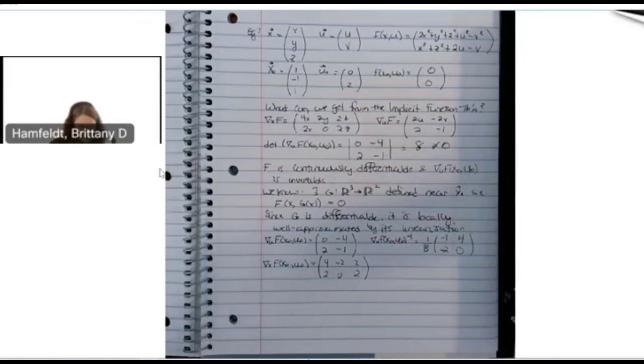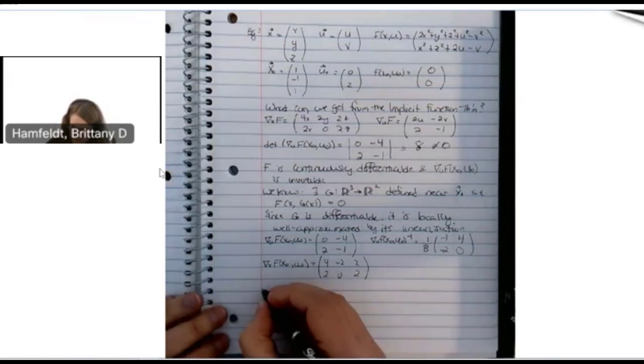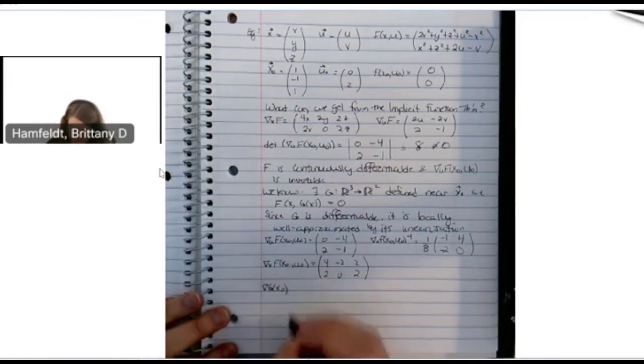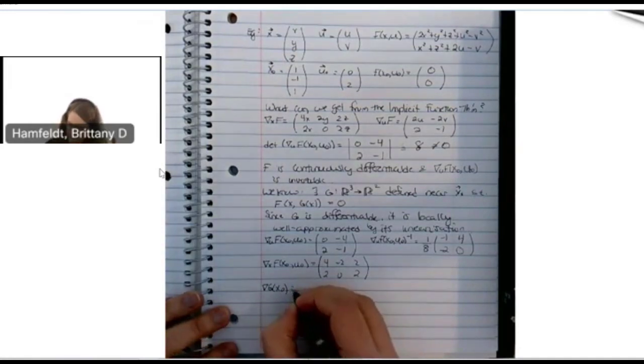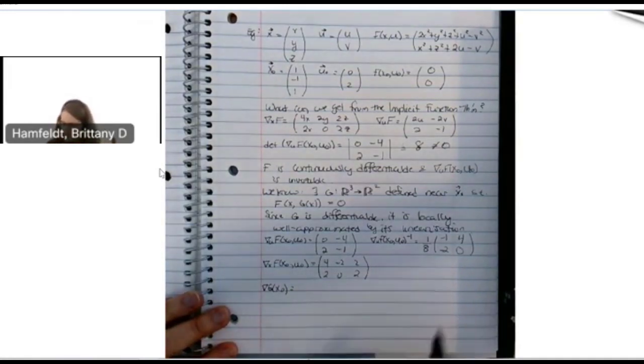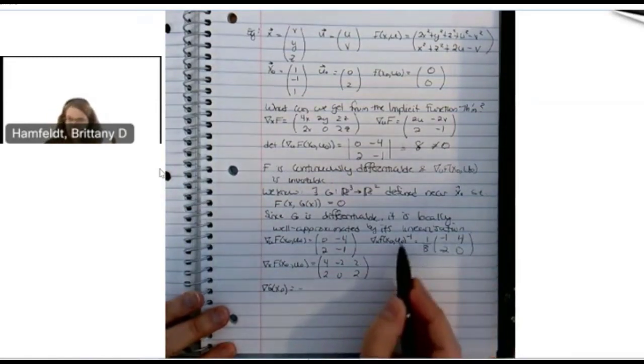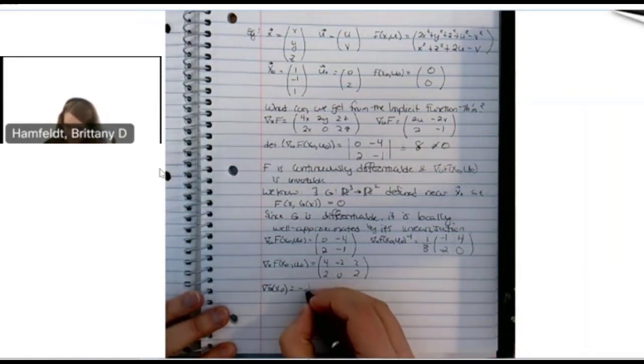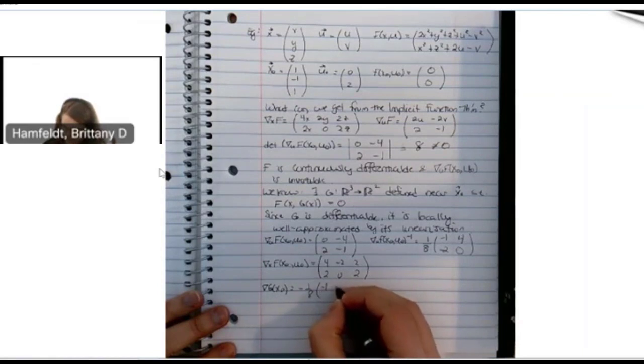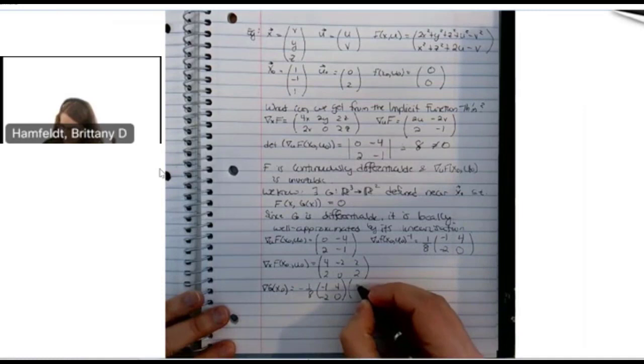Okay, there's all the building blocks we need for the Jacobian. So let's put it together. The Jacobian of G that we care about at our reference point is minus the inverse of the U matrix times our X Jacobian.